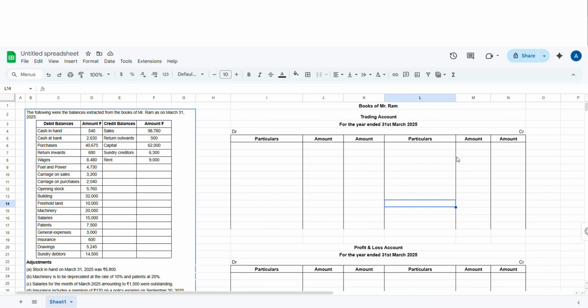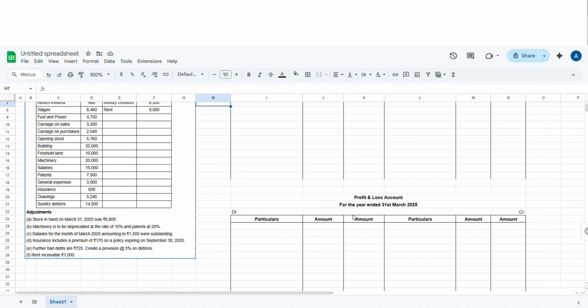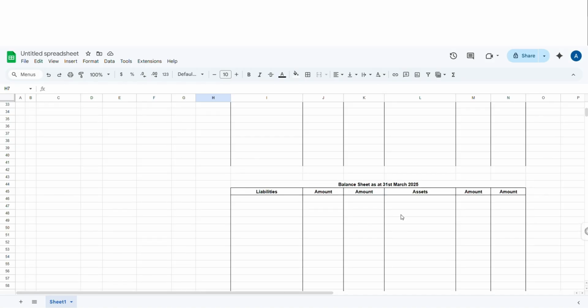So let's start recording. Let's start with the first transaction, cash in hand 540. Cash in hand is balance sheet asset side, 540.